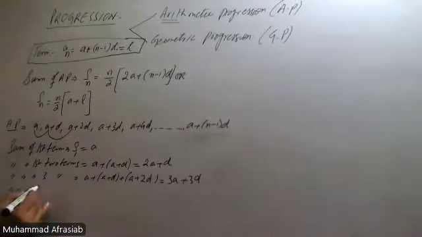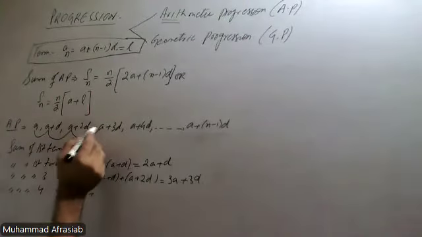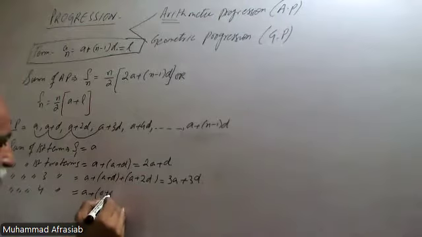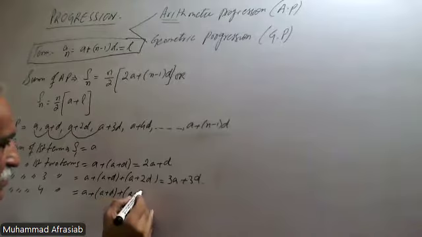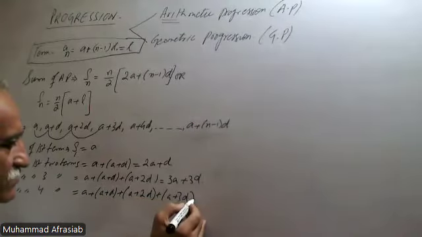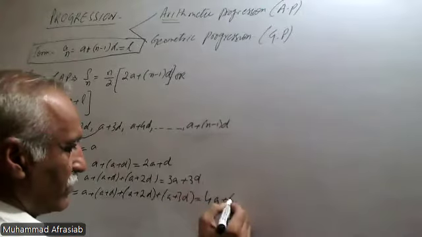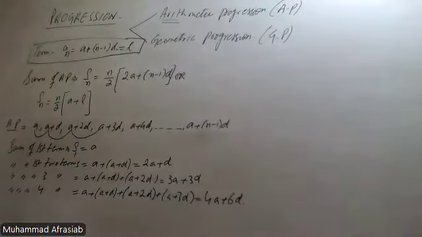The sum of the first four terms is a plus (a plus d) plus (a plus 2d) plus (a plus 3d). So that is equal to 4a plus 6d.